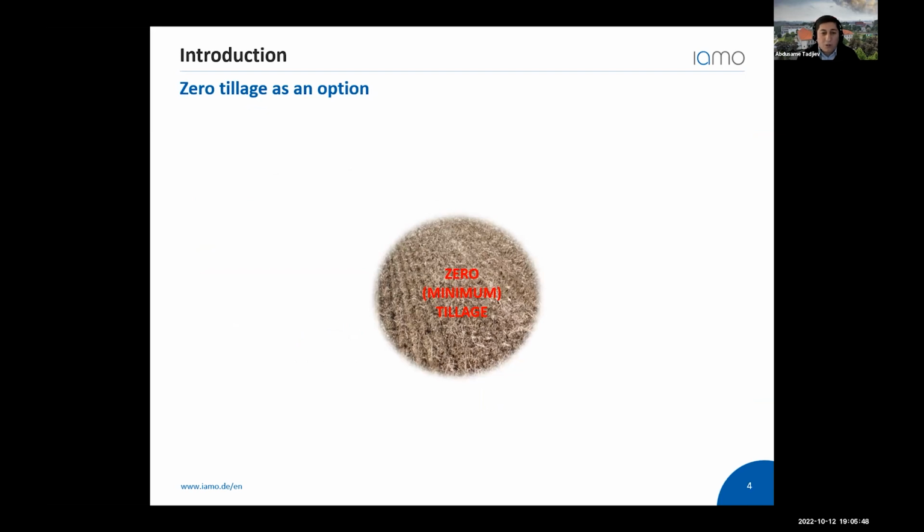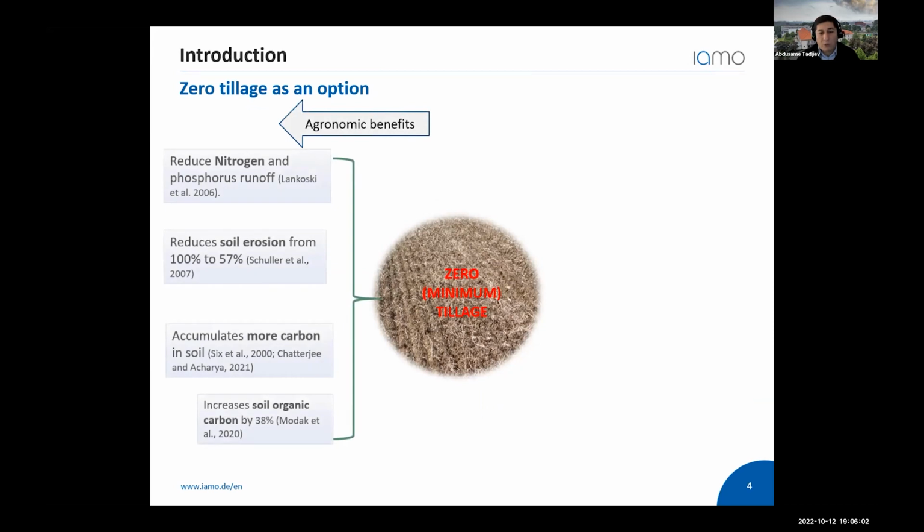Several scholars explain the advantages of zero tillage. For instance, several scientists talk about agronomic benefits of zero tillage methods. By adopting zero tillage methods, nitrogen will be reduced, and soil erosion will also be reduced by 57%.